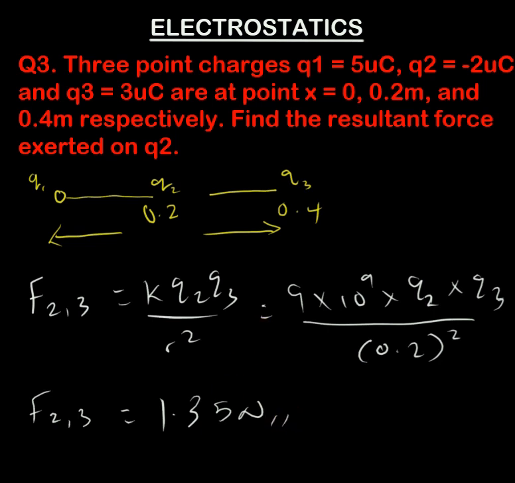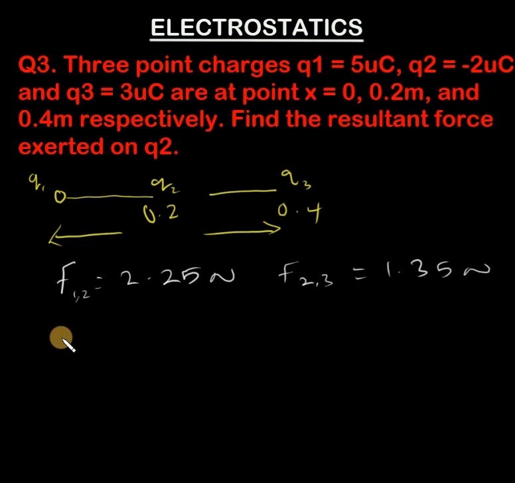However, that doesn't end there. Using our components to resolve F12 and F23 into a single force acting on Q2, our F net is going to be F12 plus F23. But recall I told you before we started solving that Q1 is pulling Q2 towards itself to the left, and our Q3 is also pulling Q2 towards itself to the right.